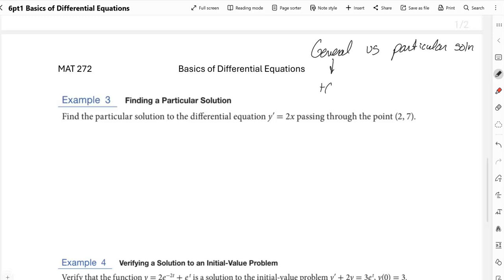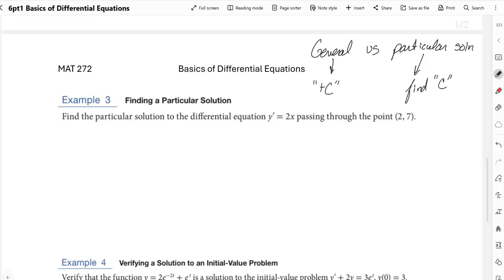Anytime we integrate, we're going to have that plus c on the end. Remember, that creates a family of functions that's shifted up and down on the Cartesian plane. That's what plus c does, it shifts things up and down. So the general solution would always have a plus c. The particular solution will have enough information to find what c is.